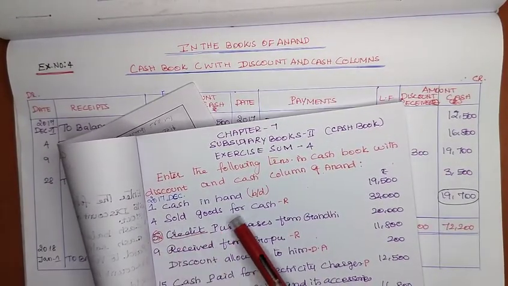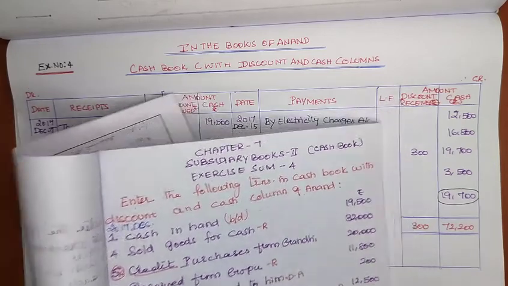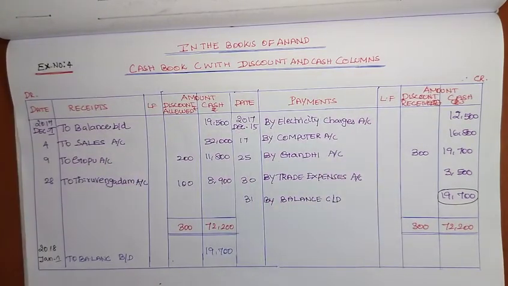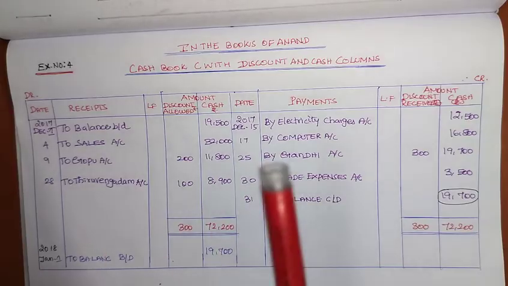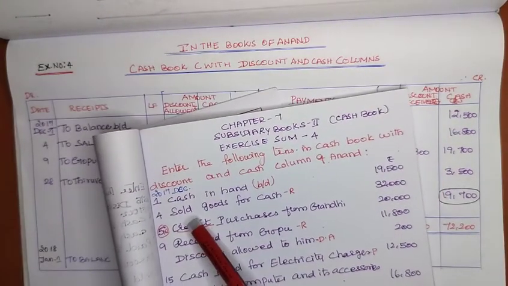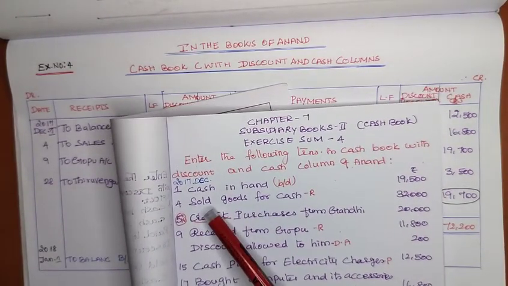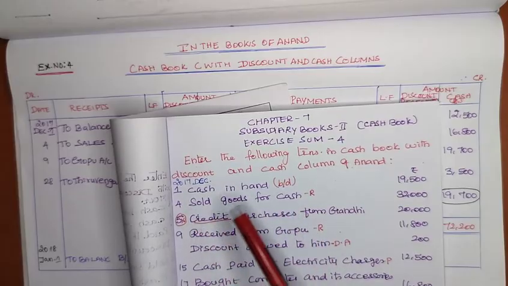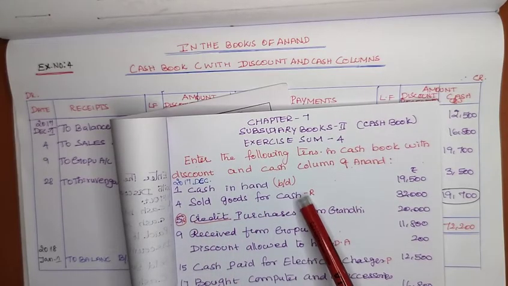Next transaction: December 4, sold goods for cash, rupees 32,000. What is the journal entry for sold goods for cash? Cash account debit to sales account, because whenever you generate sales, you receive cash. You received cash, so your cash account increases and we debit the cash account.